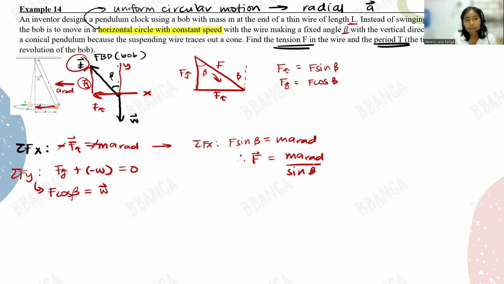Ang problema natin, binigay ba sa atin kung ano ang a-rad? Hindi, di ba? We don't know what a-rad is. Binigay sa atin si beta, so okay lang yan. So, ang gagawin natin ay hahanap tayo ng expression ng a-rad. Ano ba naaalala natin about a-rad? Ang a-rad natin is 4 pi squared r over T squared, or ang a-rad natin is v squared over r. So, alin dito yung gagamitin kaya natin?